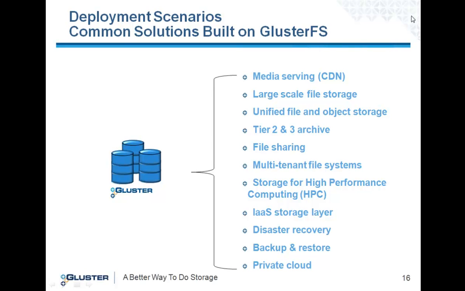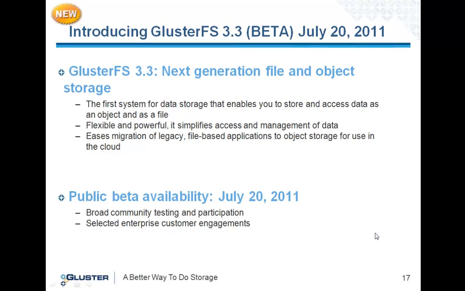So some of the deployment scenarios we have with GlusterFS today include media serving, large-scale file storage, file sharing, multi-tenancy, where many users are able to enjoy GlusterFS from a multi-tenant perspective, secure, and certainly sharing the file system.